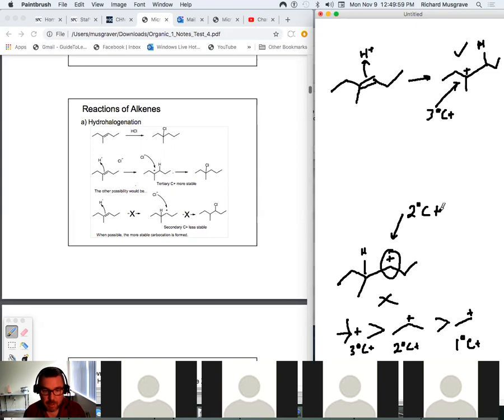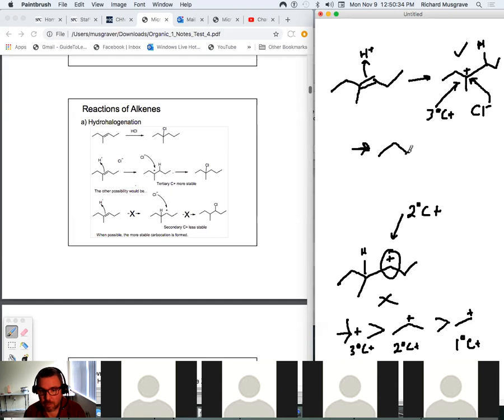But the bottom line here is that when there's a choice, it'll always go on the carbon that will result in greater substitution. In other words, the tertiary will always take precedence over the secondary possibility or the primary possibility. Now, once we've got the C+ located there, then we can add the Cl-, and the Cl-, of course, will go to the same location.